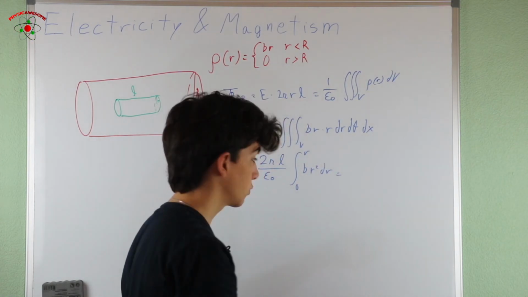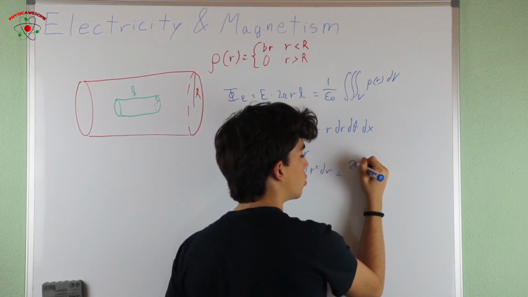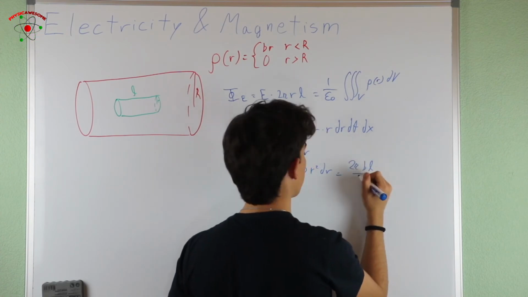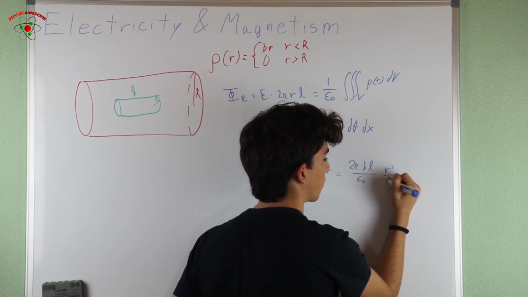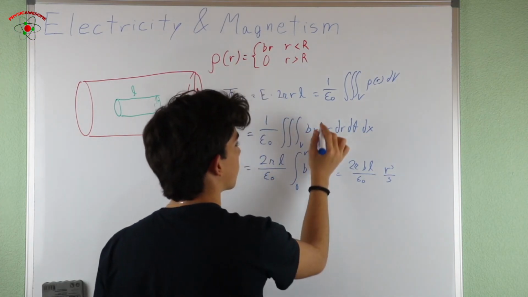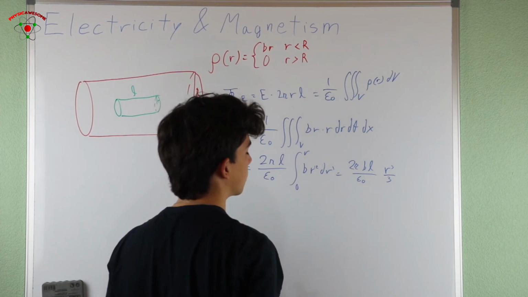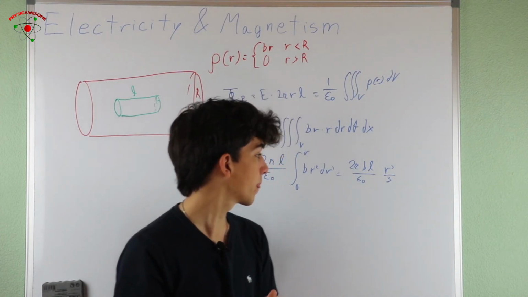And this is pretty straightforward. It's just 2 pi B L over epsilon naught times r cubed over 3. Let's denote that r as the dummy variable.